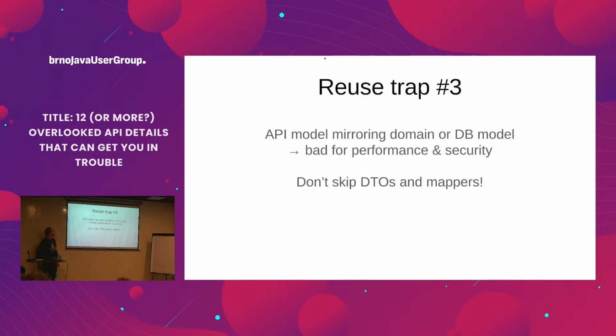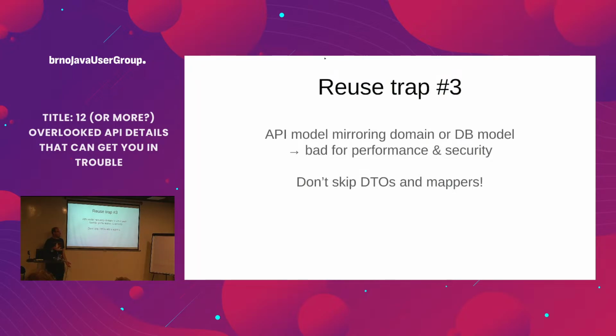Now the third trap is, I think, caused by the fact that creating an API with a modern framework is very easy. You just write some class, drop some fields in it, and tada, you have a working API that can be accessed from outside.